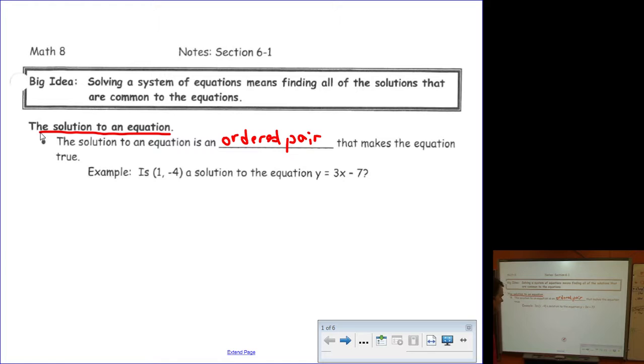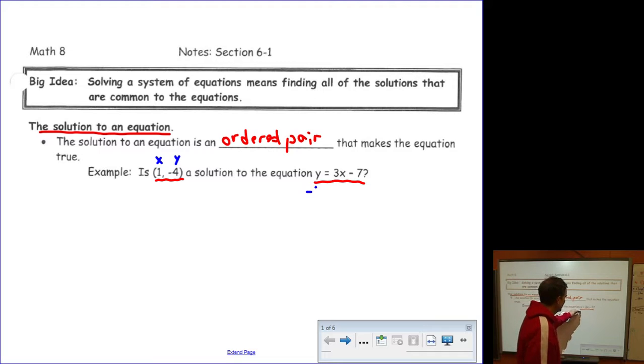All right? And I did a little example here. I have an ordered pair and I have an equation. And I want to know, is this ordered pair a solution to this equation? And of course, you can tell if it's a solution by substituting the x value in for x and the y value in for y.